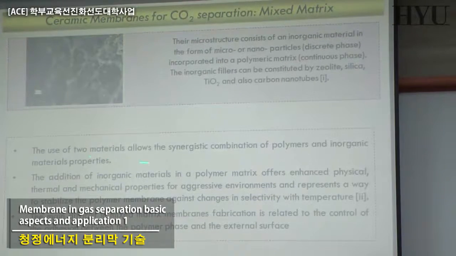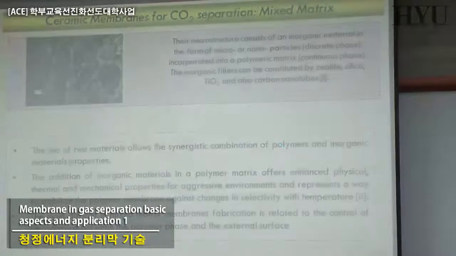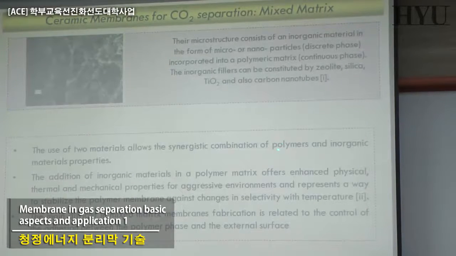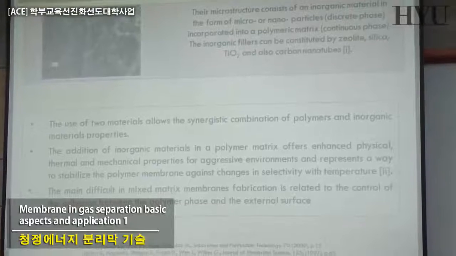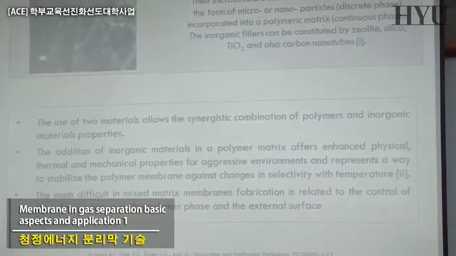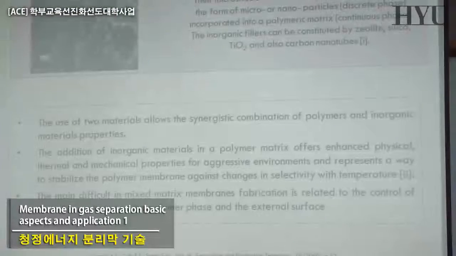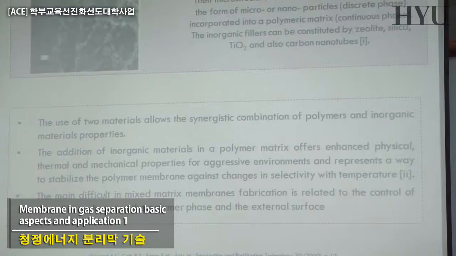The problem is to find an appropriate combination of the continuous matrix, that means the polymers, and the discontinuous matrix, which is the inorganic material, normally, that we try to immobilize in the system. And sometimes this also is a way to increase mechanical properties. Composite materials are nothing more than just the combination of something similar.